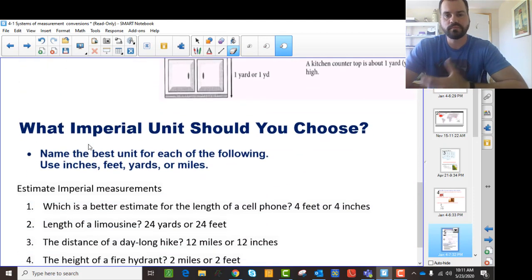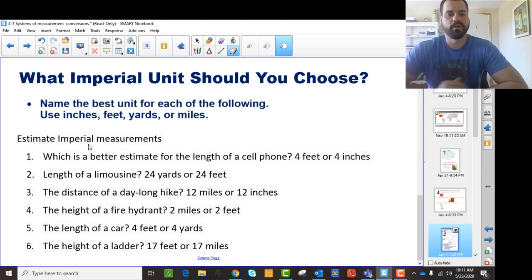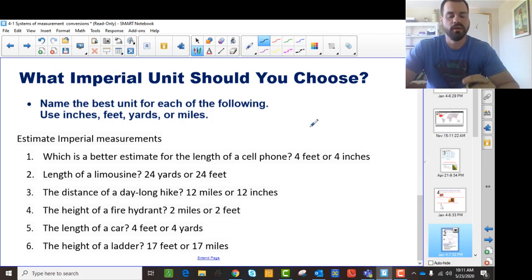All right. So we're just going to do a little bit of an exercise that helps you figure that out. We're going to try to use the best unit to measure the length of certain things. Okay. I'm going to get you to answer, and then I'll tell you what the answer is. It says, which of these is a better estimate for the length of a cell phone? 4 feet or 4 inches?